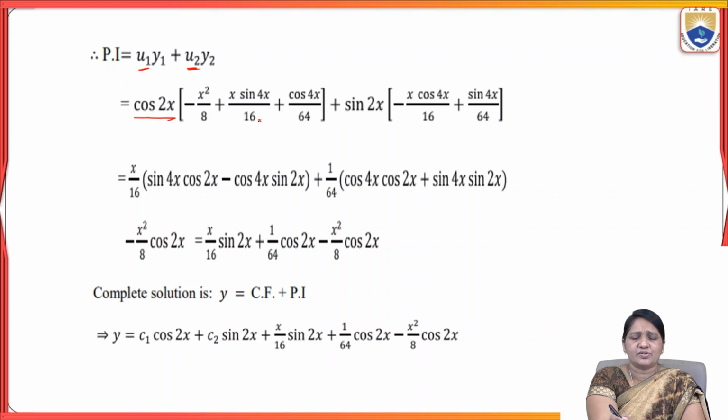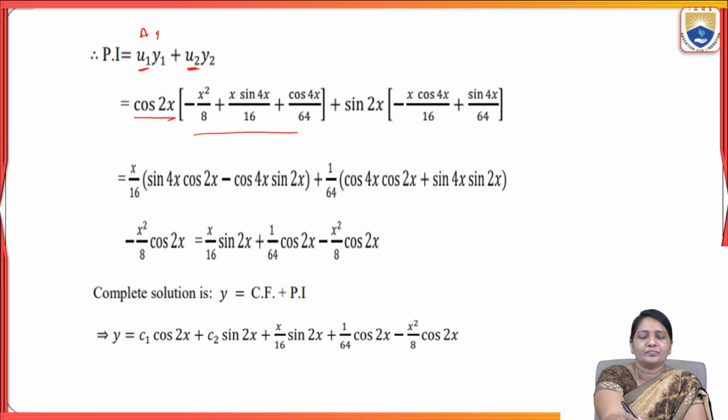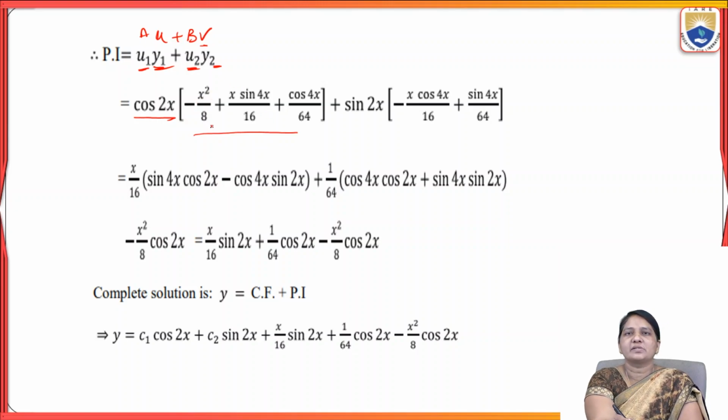So y1 or u value is cos 2x, into a into u plus b into v. So u is nothing but u1, y1, v is nothing but y2. And here this is the a value, minus x squared by 8 plus x sin 4x by 16 plus cos 4x by 64, plus here this value is sin 2x, so minus x cos 4x by 16 plus sin 4x by 64.